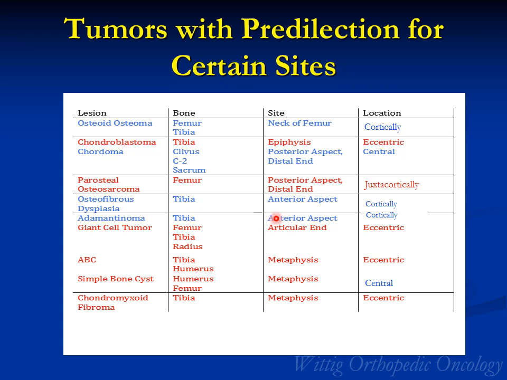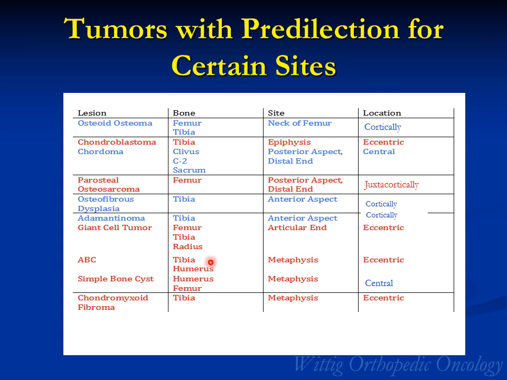Osteofibrous dysplasia may be a precursor for adamantinoma, and arises in the cortex. Giant cell tumor most commonly occurs in the distal femur, proximal tibia, and the radius. It arises in the articular end of the bone, very eccentrically.